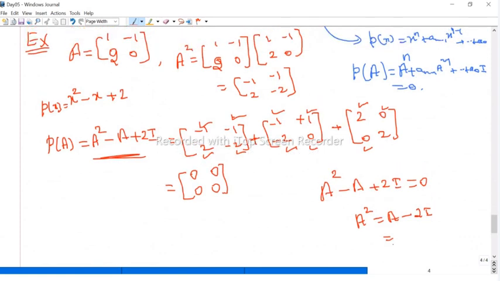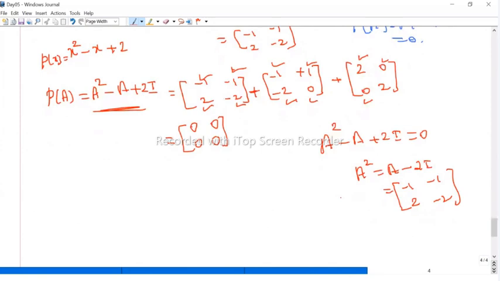A is 1, minus 1, 2, 0. Subtracting 2 from the diagonal, this is minus 1, this is minus 1, this is 2, and this is minus 2. So that is our A squared. No need to take the product, no need to multiply out A squared, you can directly find it from here. If you take any matrix, our work will be less to find A squared or anything, or even you can find the inverse also.